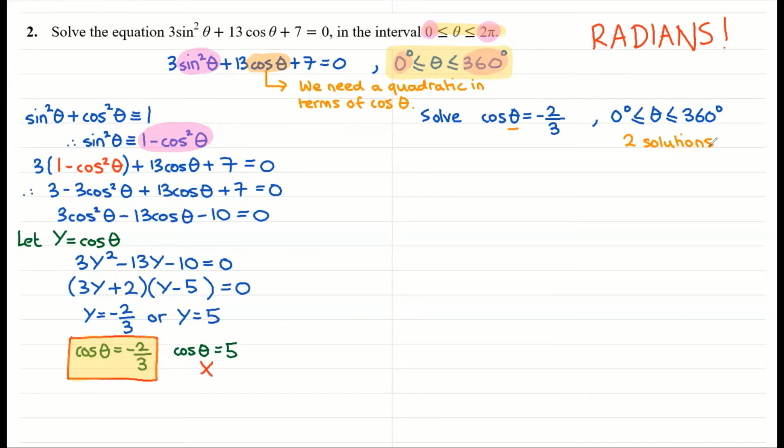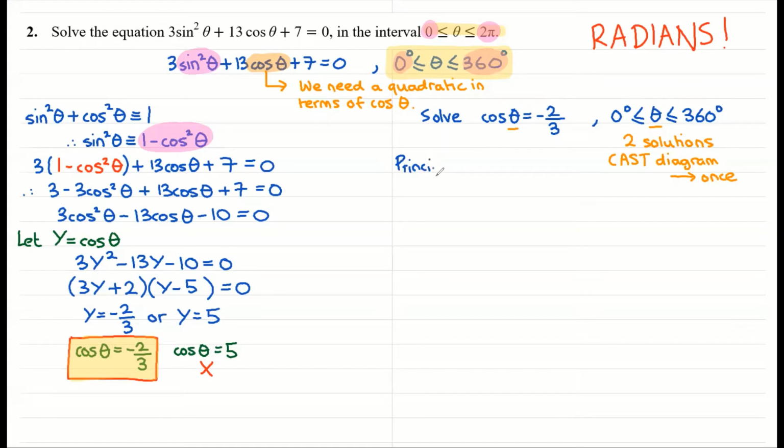Another way of thinking about it, we're going to go around the cast diagram just once. We also don't need to adjust the interval because we've got theta in both cases. So we can go straight to our principal angle now. No adjustment needed.